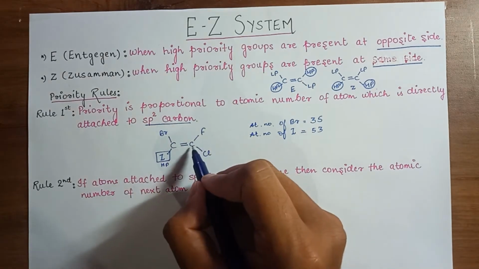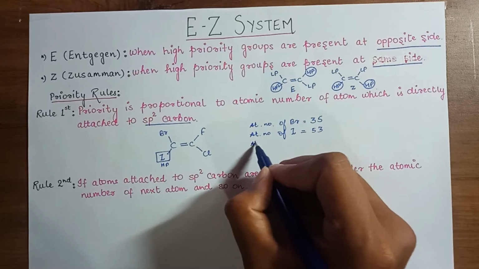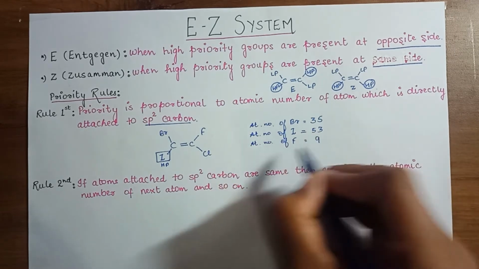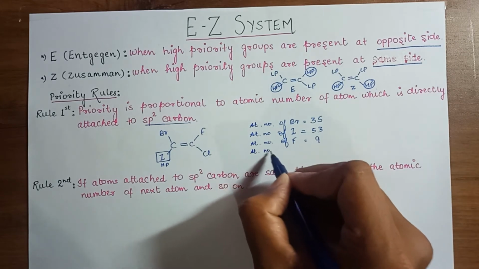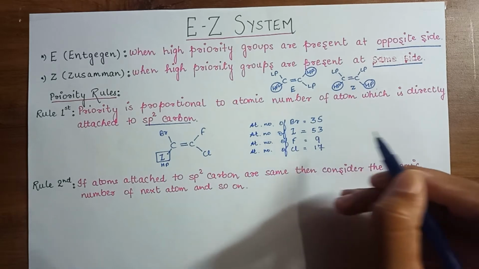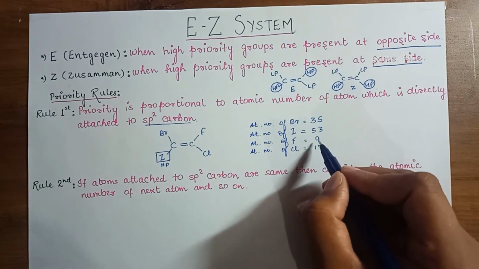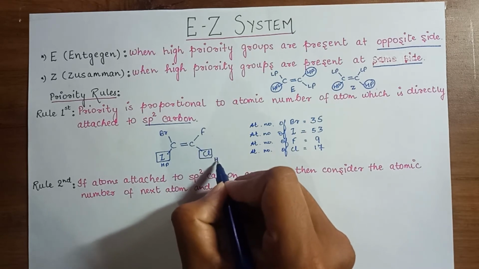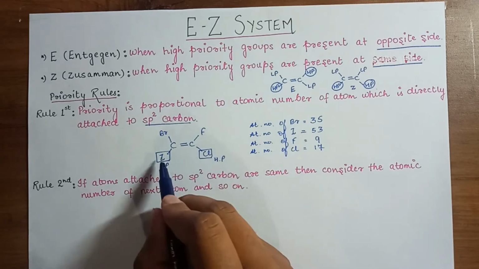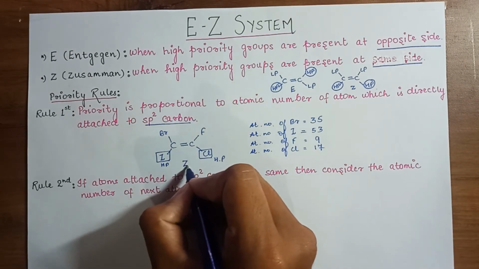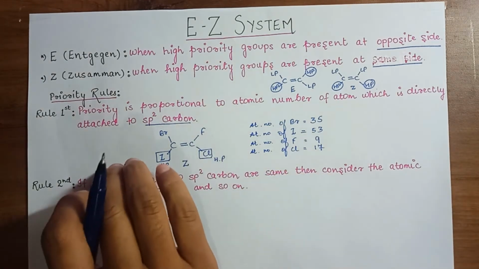Now look at this carbon and the two groups attached to it. The atomic number of fluorine is 9. The atomic number of chlorine is 17. So 17 is greater than 9, so this is my high priority group. So two high priority groups on the same side, so this will be my Z.